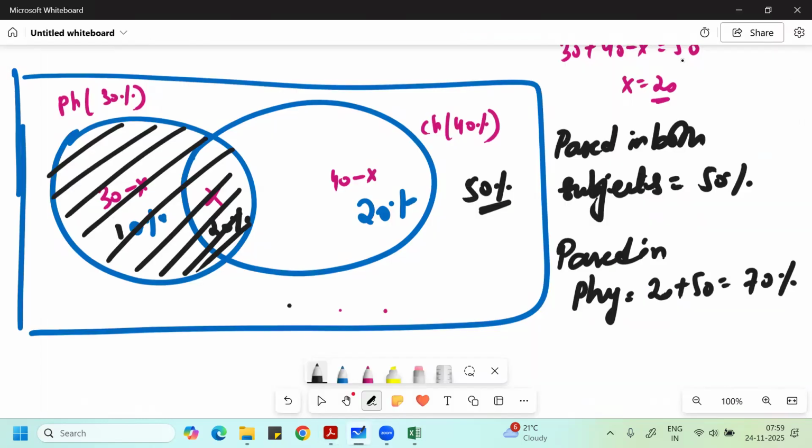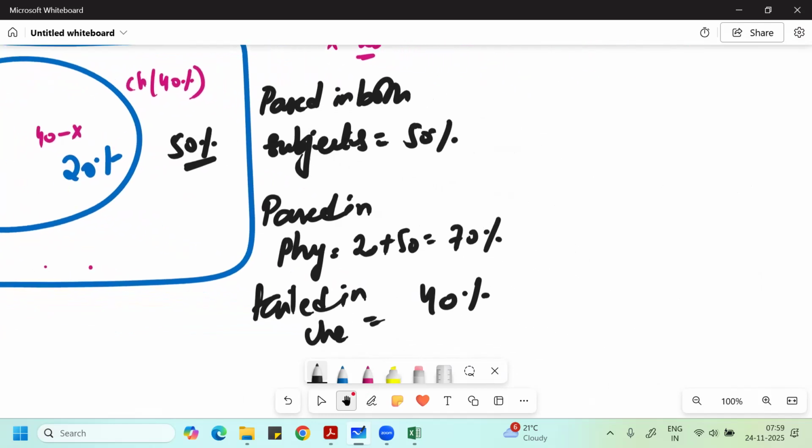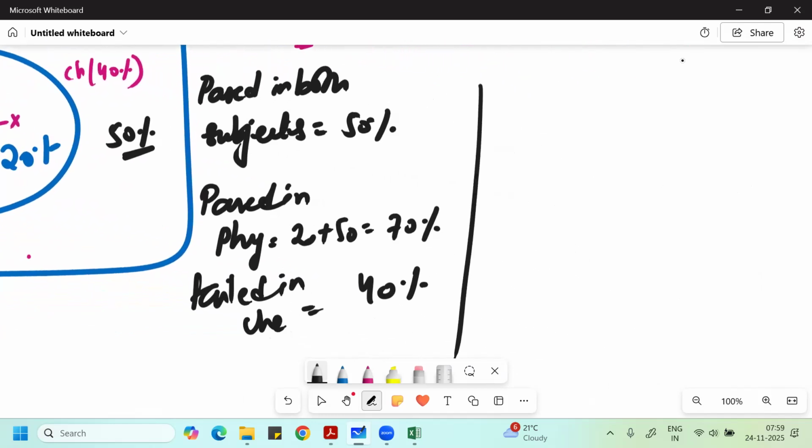Failed in chemistry means what? How many people failed in chemistry? 40%. And passed in physics means 70%. And how many students passed in physics and failed in chemistry?